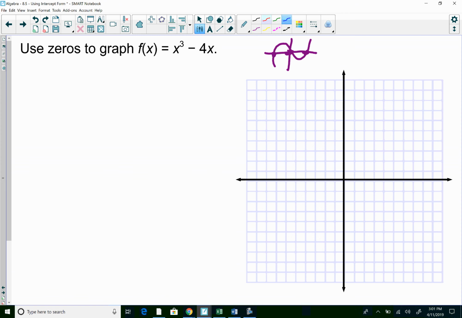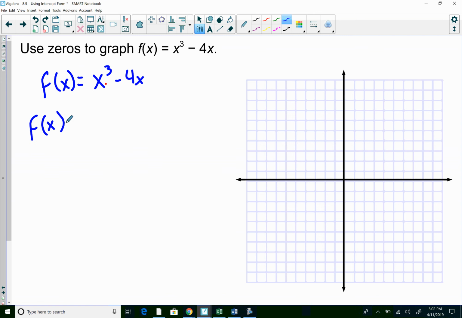Okay, let's go ahead and start by looking at this function. So f of x equals x cubed minus 4x. Again, first thing you're going to want to look for, what's the common factor amongst these two terms? Hopefully you're able to recognize that there is an x in each of them.